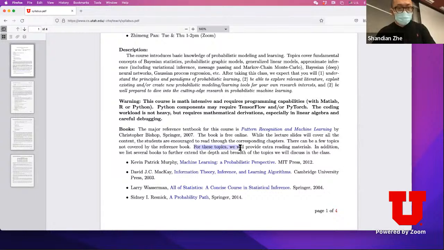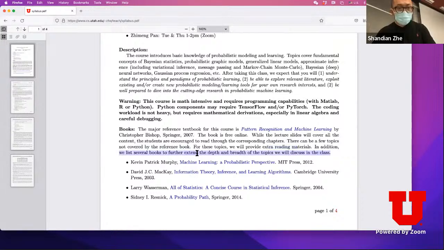There can be a few topics which are not covered by the reference book, like the most recent developments of Bayesian models, like Bayesian deep learning, generative adversarial nets, and the connection between Gaussian processes and neural networks. Like a Gaussian process is essentially an infinitely wide neural network. For that, we're going to provide some additional reading materials if you're interested.